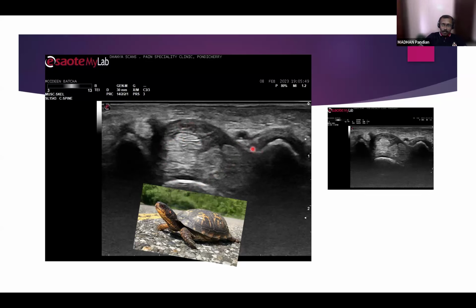And the retinaculum should be seen here, extending from the pisiform to the scaphoid, so that you will get a proper turtle-like appearance. That is the optimal examination of the carpal tunnel. Unless you see these bones and the carpal bones here below, you are not in the right plane for examination of the carpal tunnel.